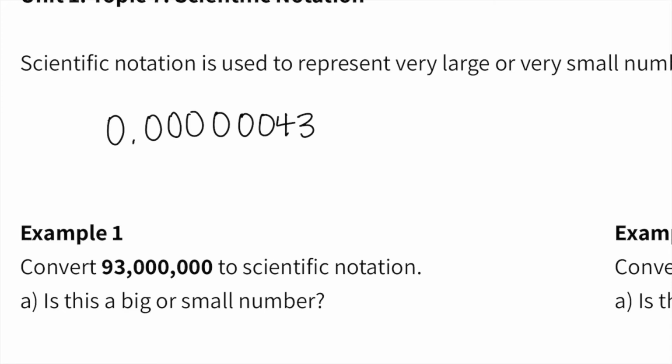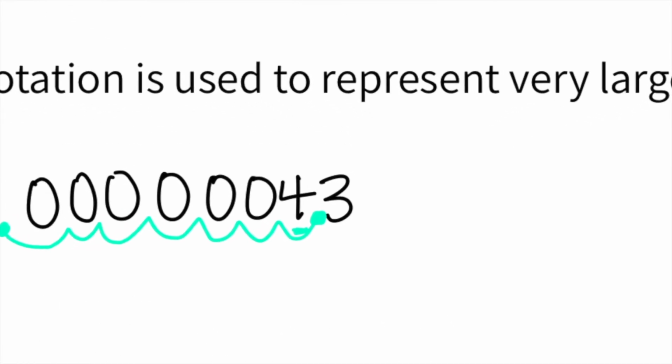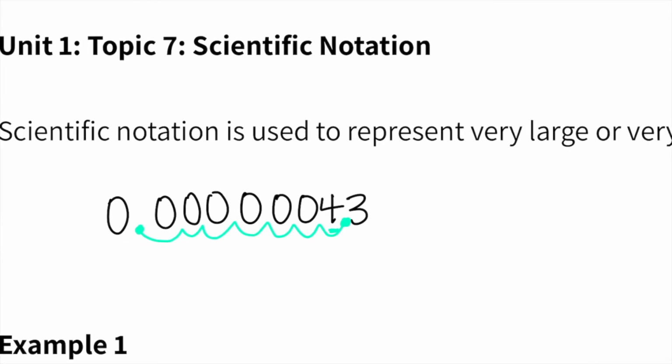First we're going to move the decimal place all the way over, and we're going to move it until it is right after the very first non-zero number, right after the 4. We're going to count how many times we moved it: 1, 2, 3, 4, 5, 6, 7.